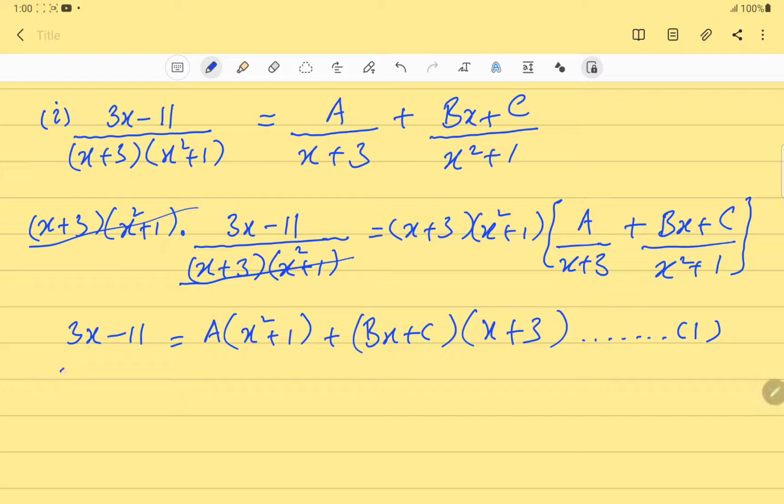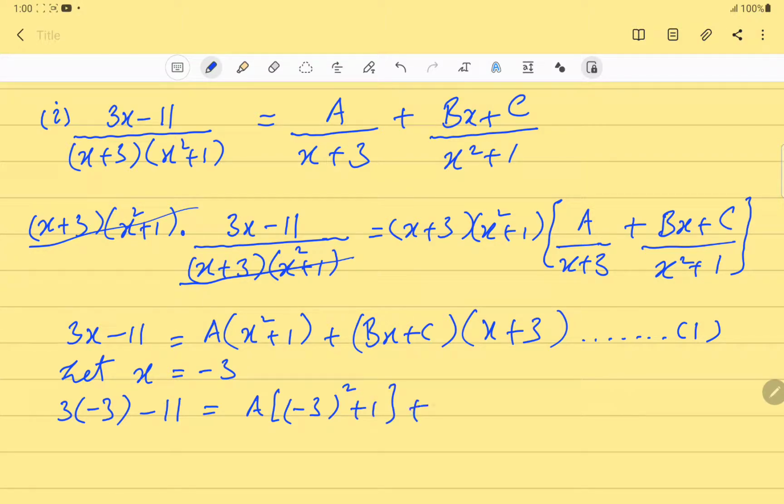So first we assume x as minus 3, and we replace this minus 3 in the equation: a into ((-3)^2 + 1) plus (b into minus 3 plus c) into (minus 3 plus 3).